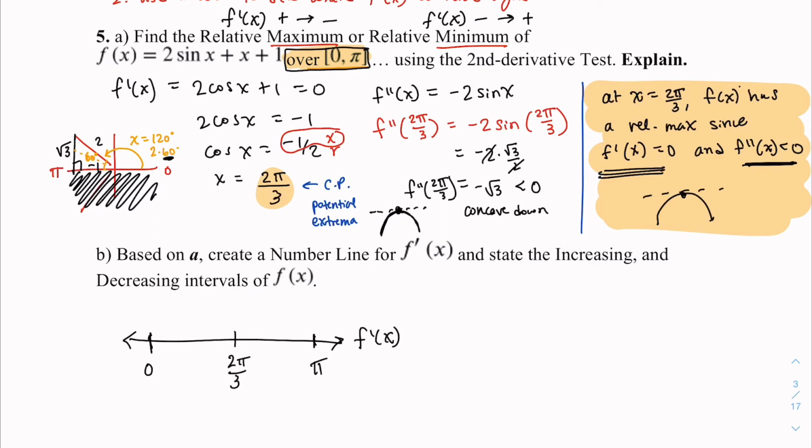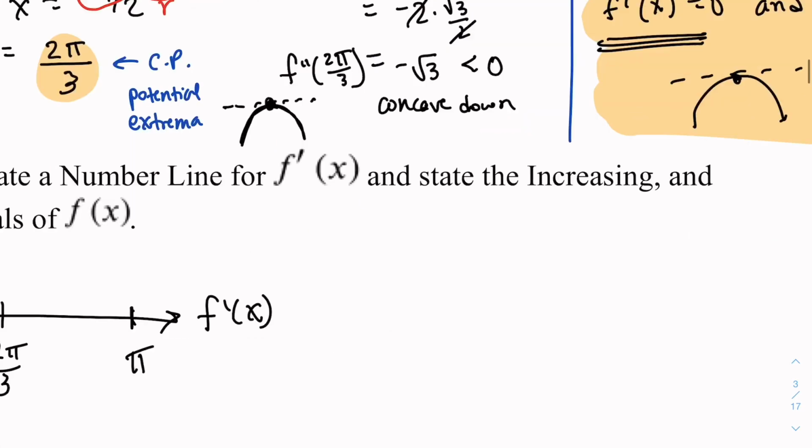Let's see, we have to take a test value in here and a test value in here and see whether f prime is positive or negative based on our test values. So let's make a note.